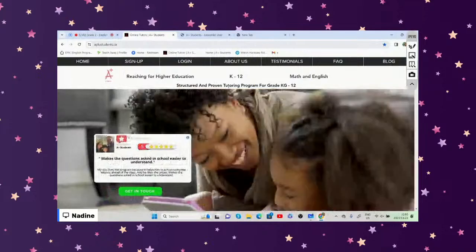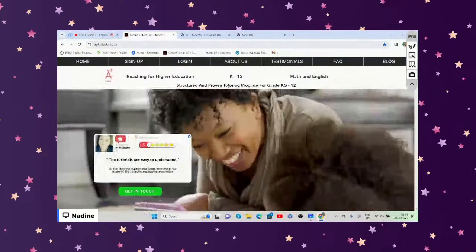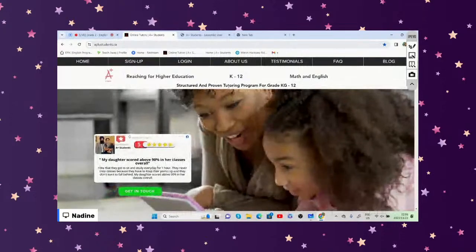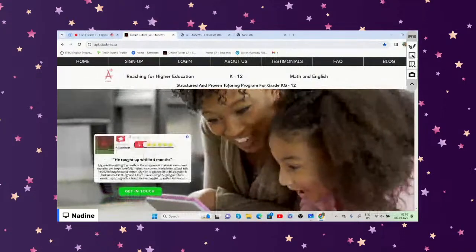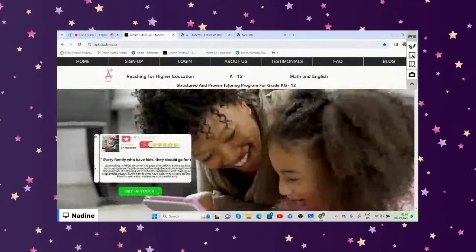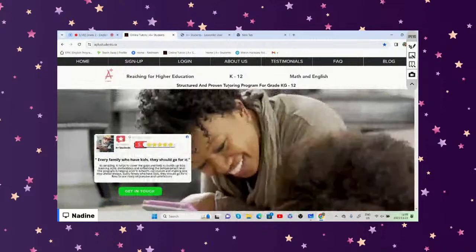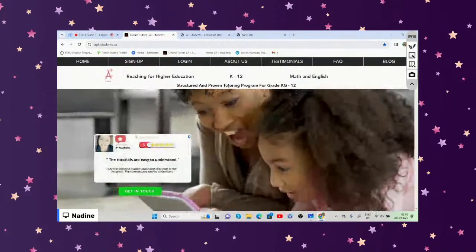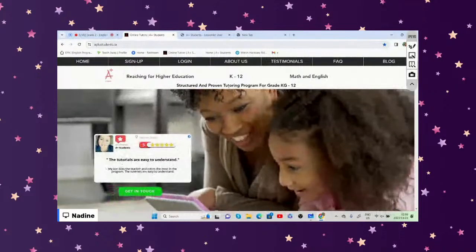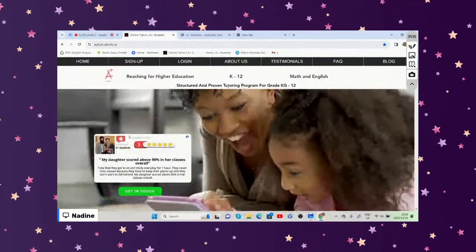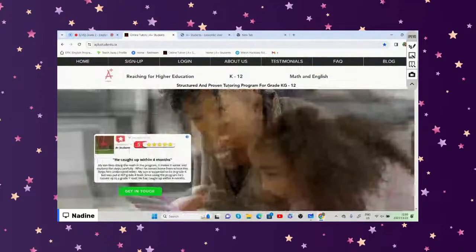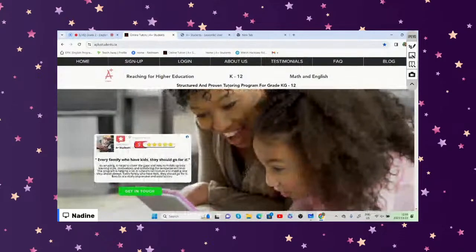Once you've logged into aplusstudents.ca with your username as well as your password, you're going to select the subject of language arts, grade 3.